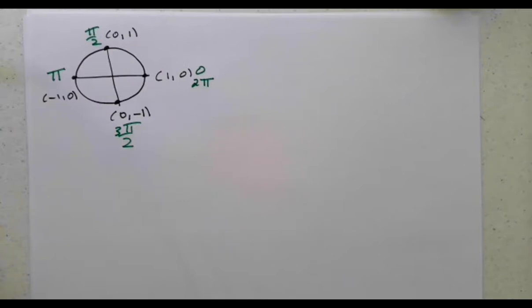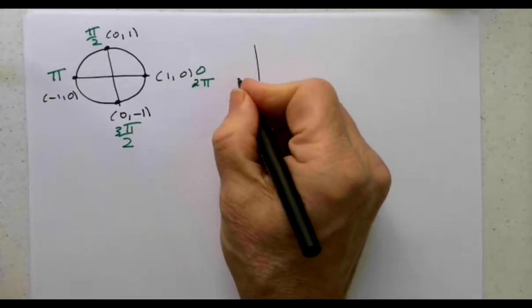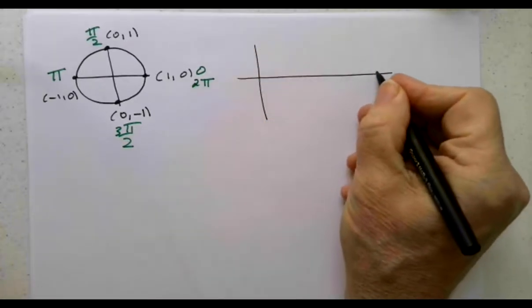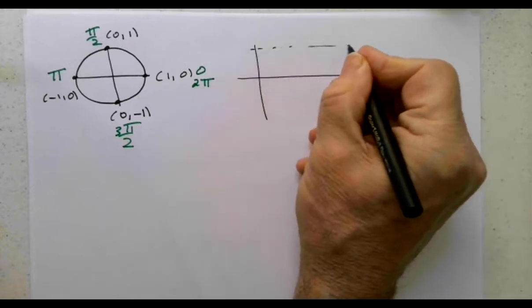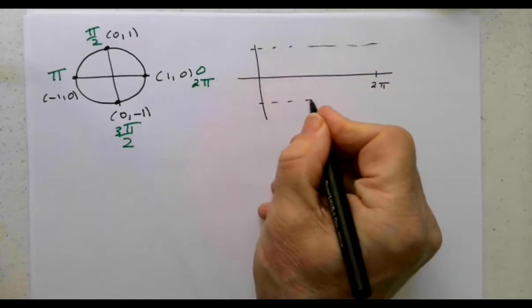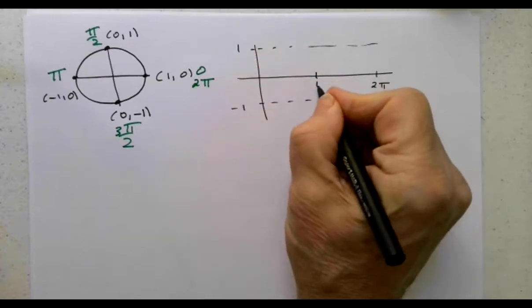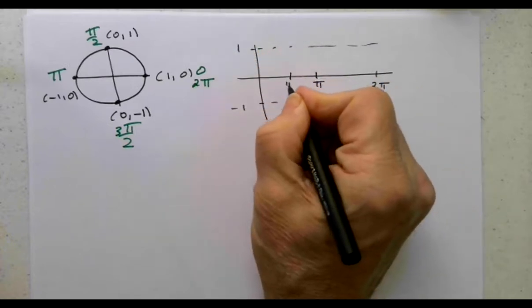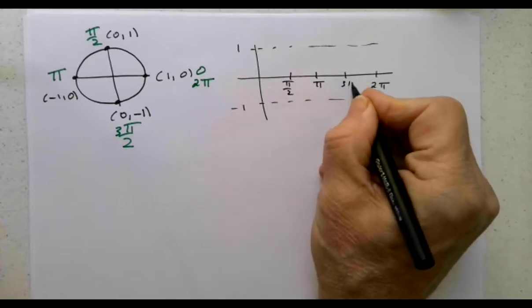So let's go ahead and graph the sine function first. We're going from 0 to 2 pi, goes up to 1, goes down to -1. Pi is in the middle, pi over 2 here, 3 pi over 2 here.